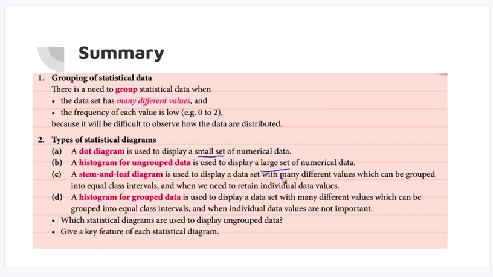Stem and leaf, if you have data with too many different values which can be grouped into class intervals, and we want to retain the individual data values. Histogram for group data is used to represent many different values which are grouped in class intervals, but individual data are not important. And that concludes the lesson for drawing statistical diagrams.